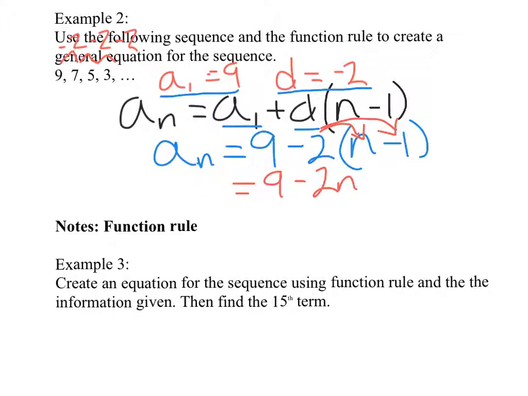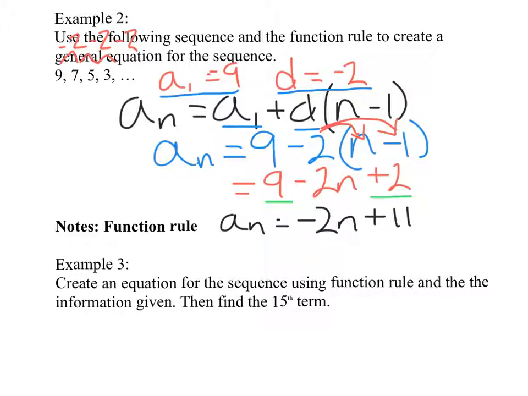And then negative 2 times negative 1 is positive 2, so plus 2. Then we combine like terms, 9 plus 2 is 11. So A sub n equals negative 2n plus 11, and that is our answer for example 2.